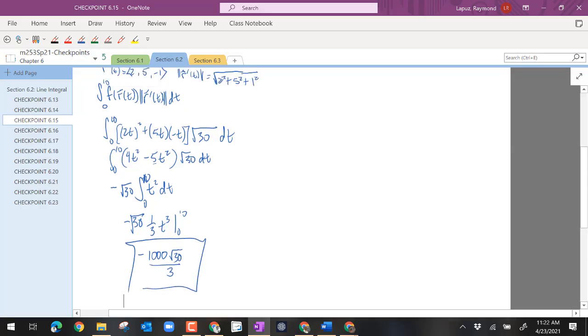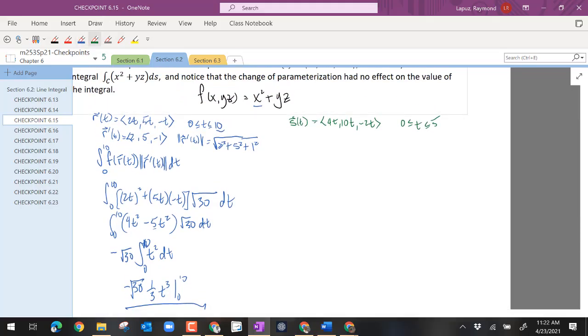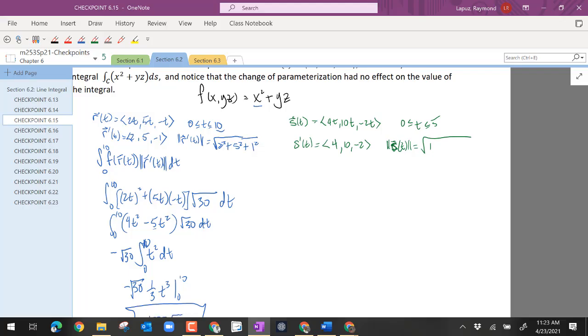So that's our first integral, and we want to compare that with our second integral, which should hopefully be the same. It looks like we will also need the derivative, which in this case is going to be 4, 10, negative 2, and the magnitude of the derivative of s is the square root of 4 squared plus 10 squared plus 2 squared, and we'll work that out in a minute.